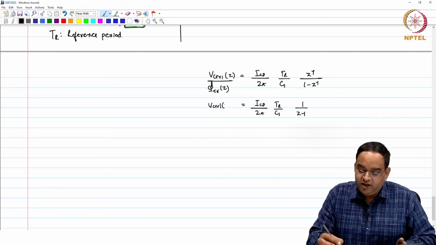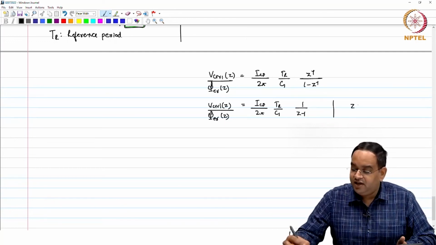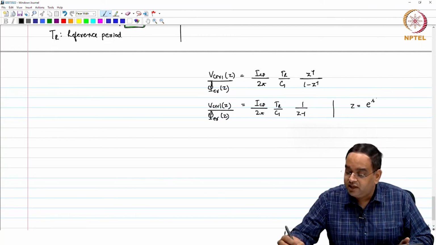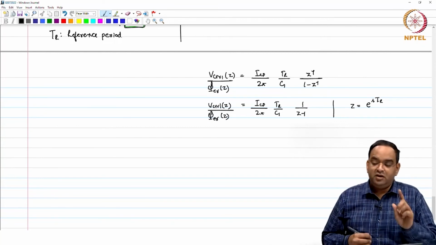So, V control of Z by phi error of Z, where Z is equal to e power s T_R.